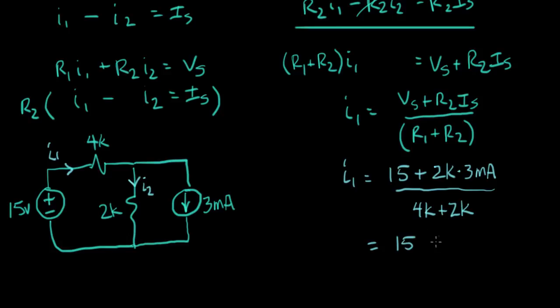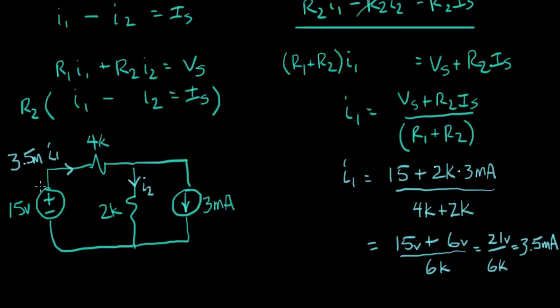That equals 15 plus 2K times 3 milliamps is 6 volts. This is volts. And that's divided by 4 plus 6K... sorry, 4K plus 2K, which is 6K, so it equals 21 volts over 6K, which equals 3.5 milliamps. So that's this value right here, 3.5 milliamps is I1.